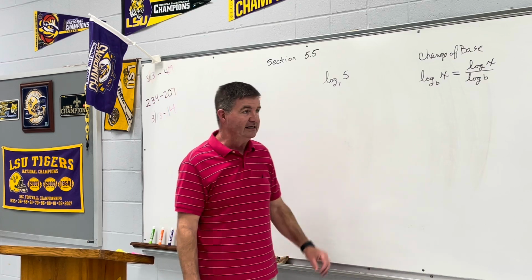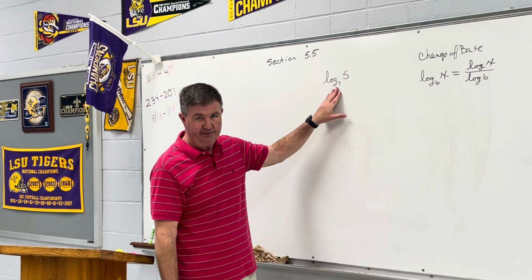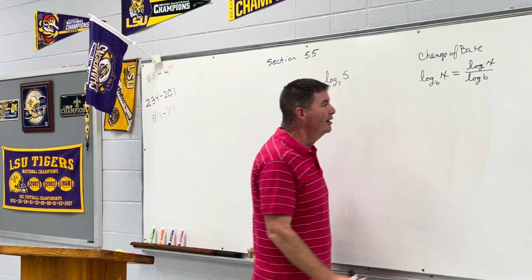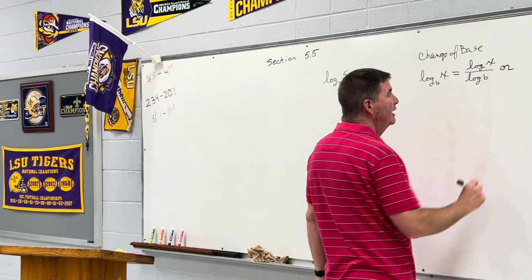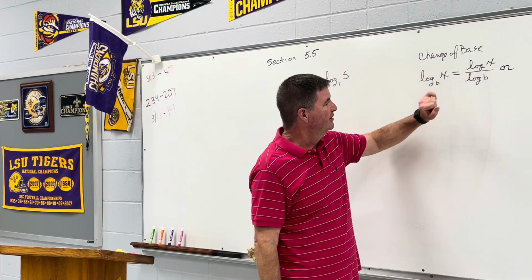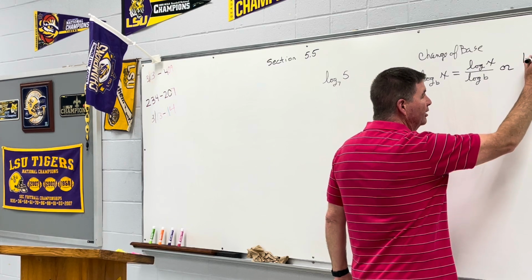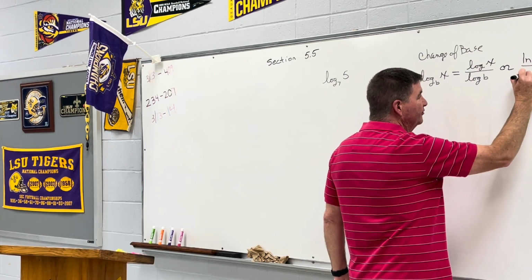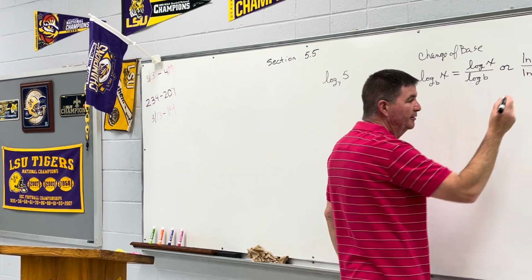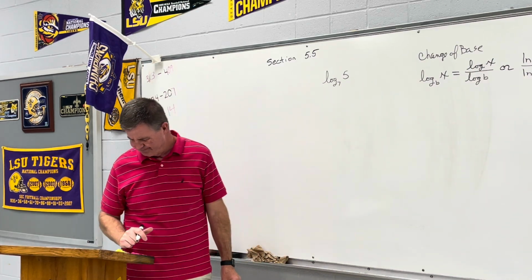That would give us the answer to a log of a base that we don't know. Now, I can also write it another way. Since this would be log base 10 over log base 10, I could also write it as natural log of x over natural log of b. Either one of them would give me the exact same answer.